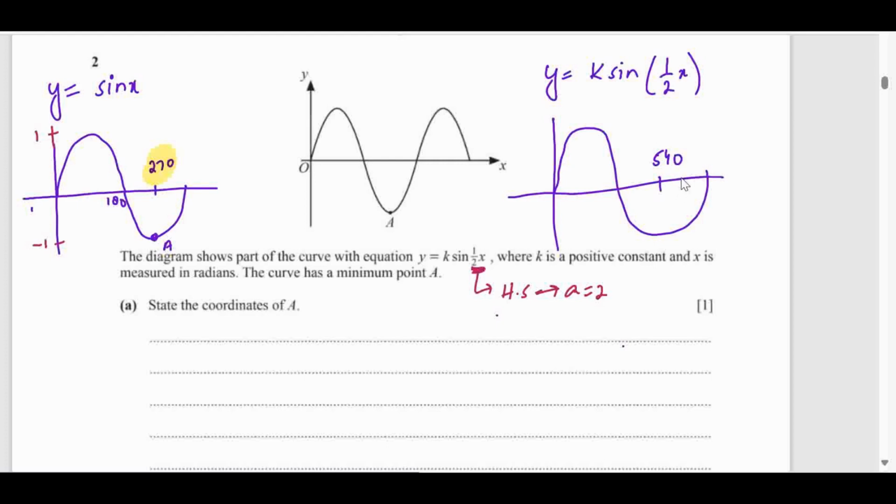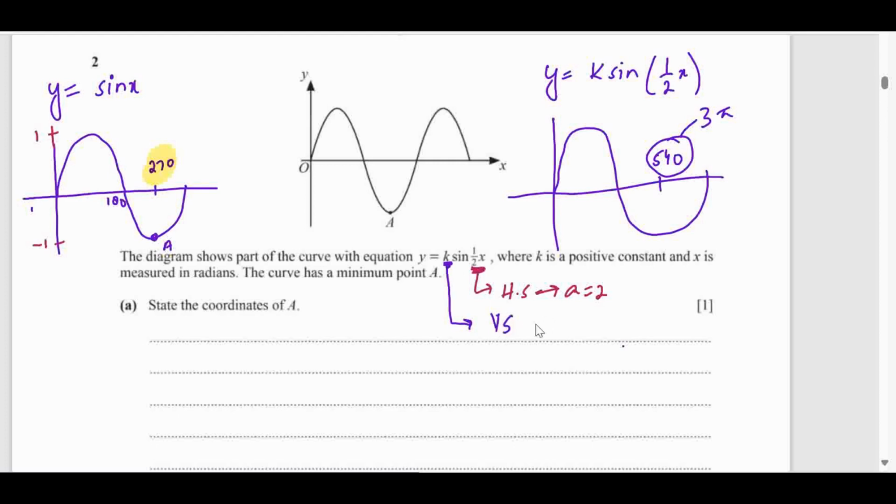So we need to find the corresponding value. We know that this is basically equal to 3 pi. Now the x coordinate is 3 pi and we need to find the corresponding y coordinate. This case shows that there is a vertical stretch. Let me write it over here.